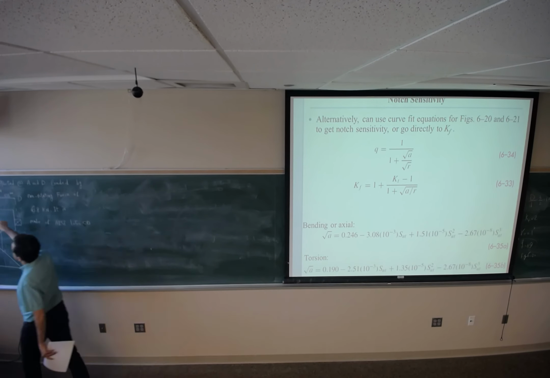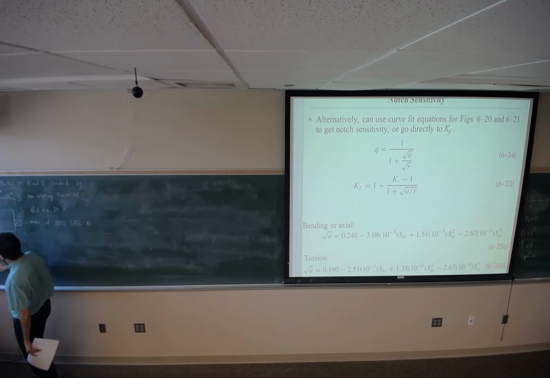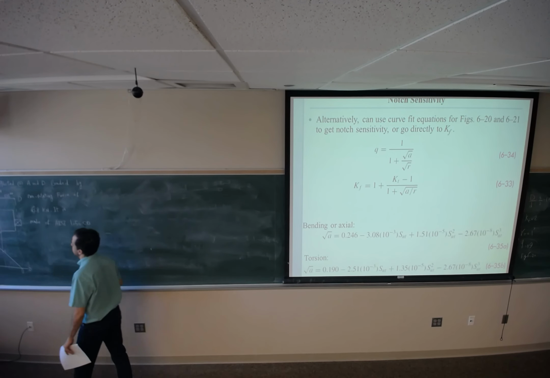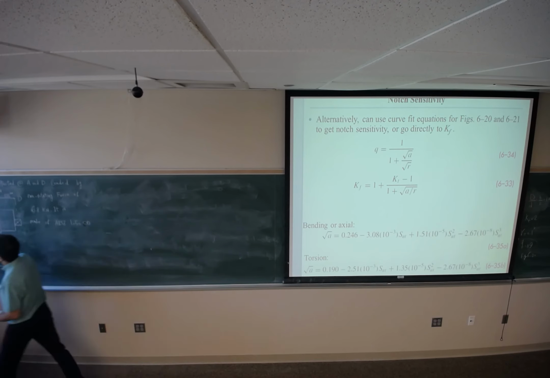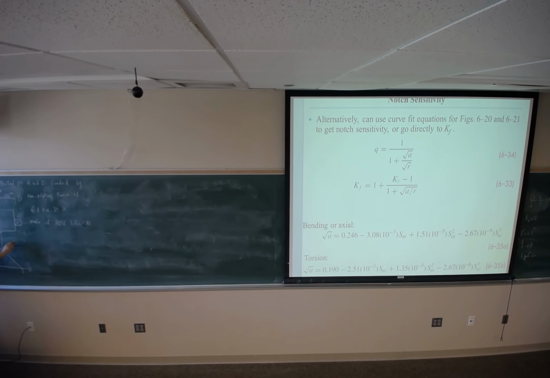First, I need to find the reactions here, then I can draw this bending moment diagram. So the reactions would be in the opposite direction, RA and RD. RA plus RD should equal 6.8 kilonewton.